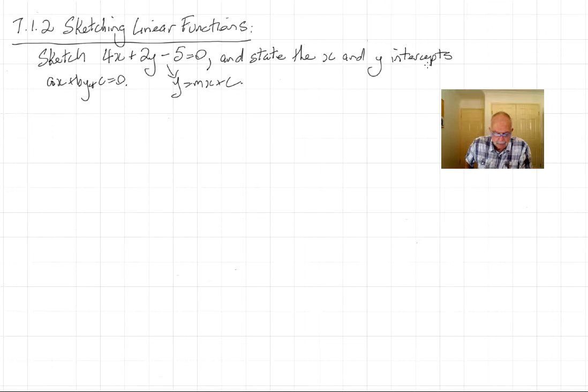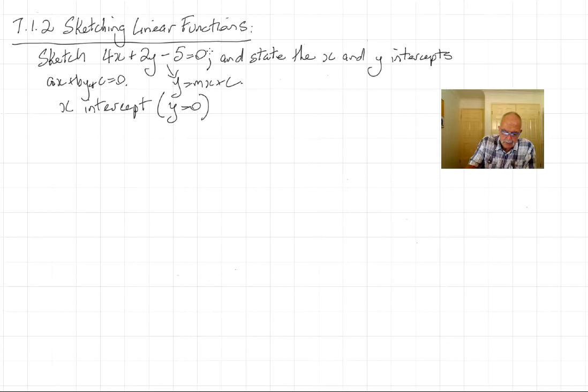straight line through there. So the x-intercept, where it cuts the x-axis, is where y equals 0. That's a standard procedure for all functions, not just linear functions. If you want to find where a graph is going to cut the x-axis, it's called the x-intercept, we let y equal 0.